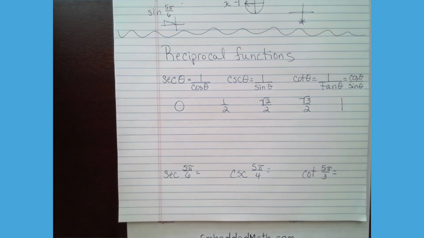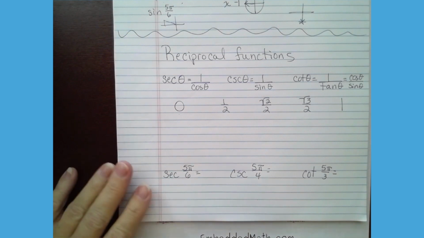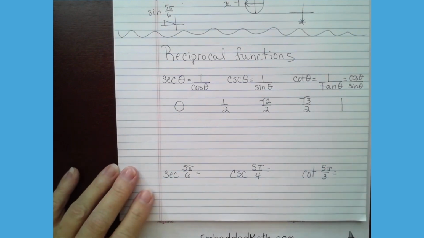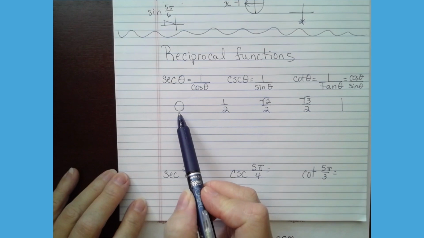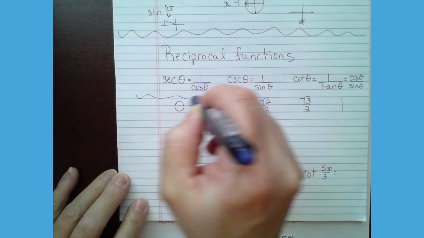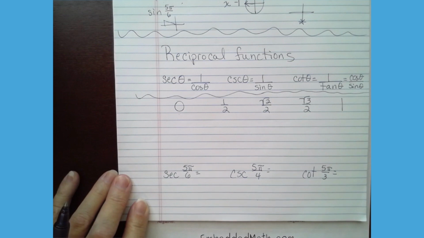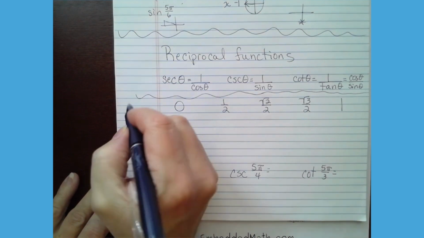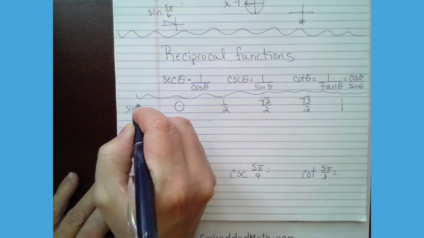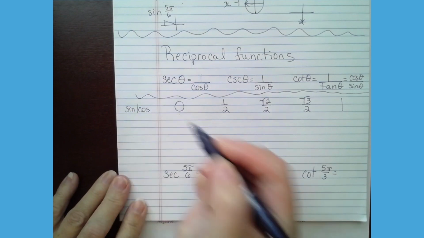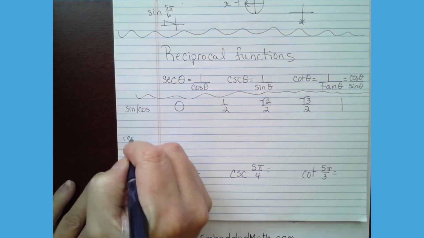Well, that means that for us to find values of reciprocal functions, we've got to flip all these values that we've been talking about for sine and cosine, right? So here are all the values we said we're ever going to use in this circle. So let's flip all of those. So these are sine and cosine values. And these are reciprocal values.